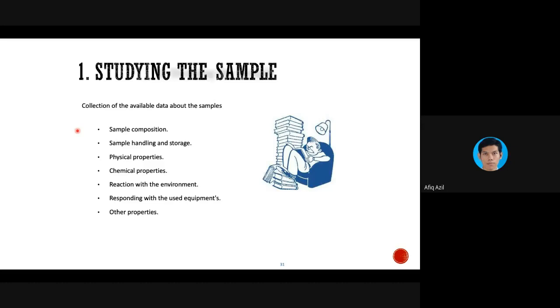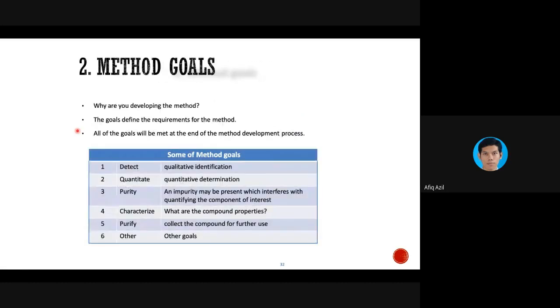If you are working in an innovator company, that would be different because you are creating a new formulation or a new drug, a new API, so you need to know about the sample first. There could be steps beforehand in which you have to analyze and elucidate the structure, for example, to know the properties. Otherwise, you already know the name, and you just refer to the SDS for the safety precautions that you have to take.